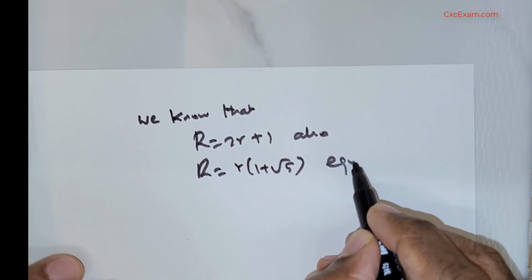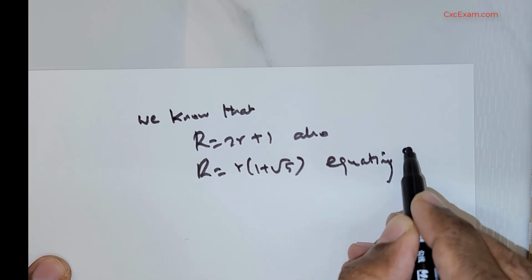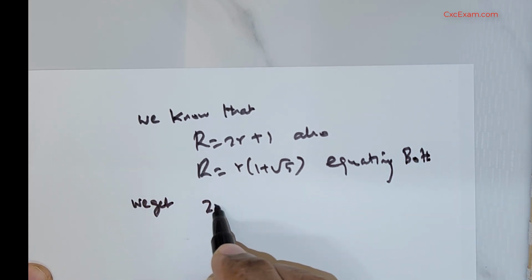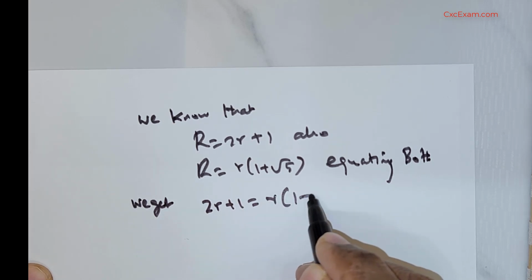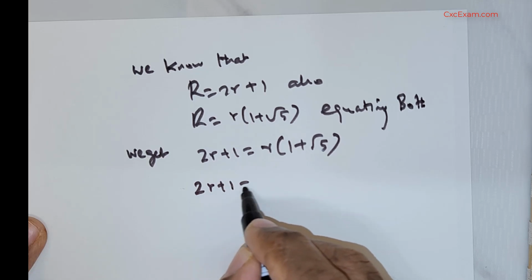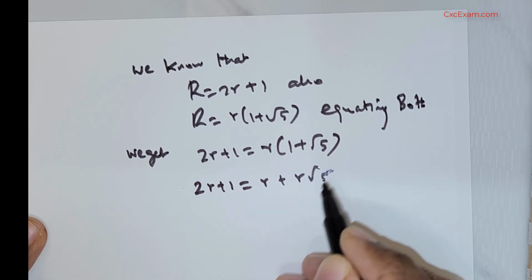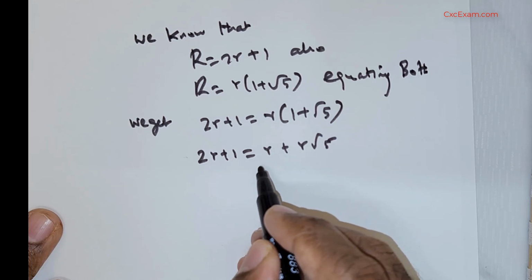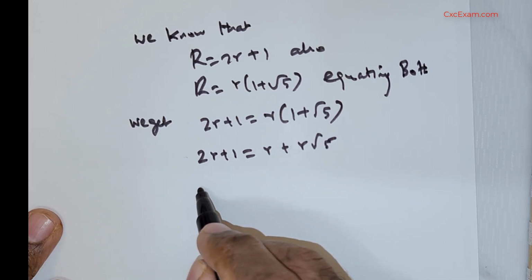So equating both, what do we get? We get 2 times r plus 1 is equal to r of 1 plus root 5, which means 2 times r plus 1 is equal to r plus r times root 5. So I would like to take everything to the other side.